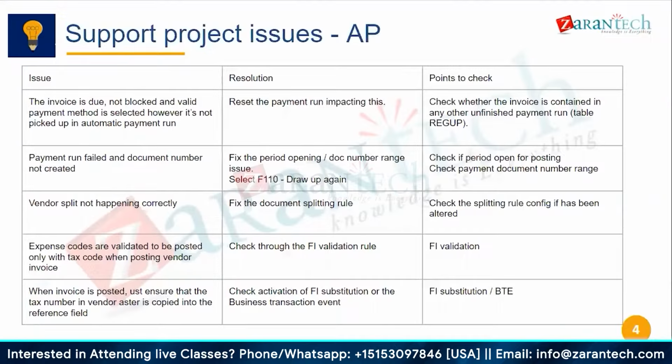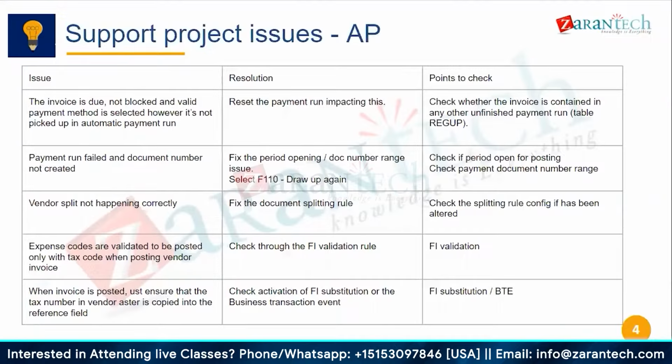Vendor split not happening correctly. That means it must be happening at cost center level, right? Because it will be an expense of cost center and then profit center, but mostly at cost center level.